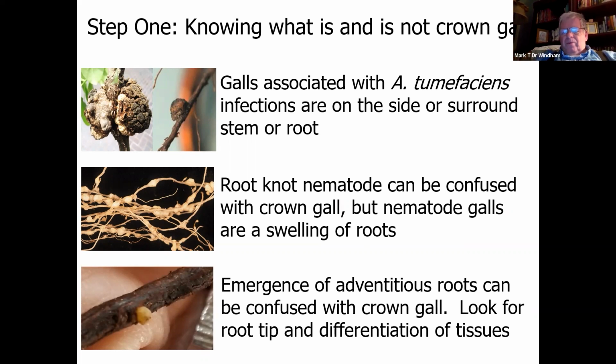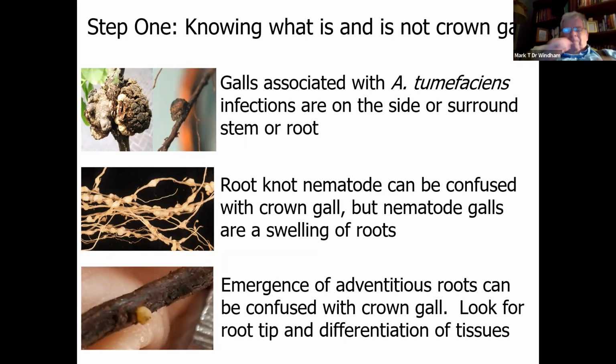I often get people sending me pictures or sending me a sample, and they ask, is this crown gall? And no, it's not. They have another problem. It's root knot nematode. This is especially true when I get samples in from the deep South. Root knot nematode can be so different from crown gall in that I told you crown gall is going to be on the side of the root and then engulf it, whereas root knot nematode will cause a gall that causes the entire root to swell at that point of infection by the nematode.